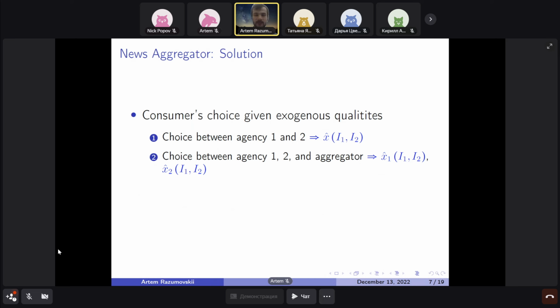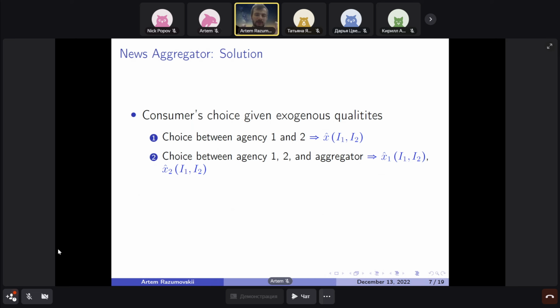Those who are closer to 1 prefer agency 2. Those in between are kind of indifferent between agencies, and that part of the agents can benefit if you provide them higher quality from the aggregator, because they do not care so much about which exactly agency to read.